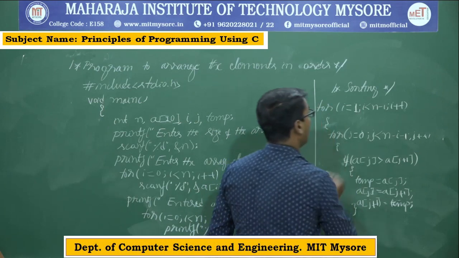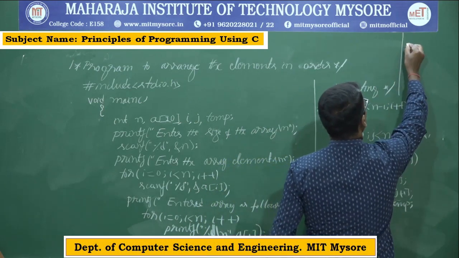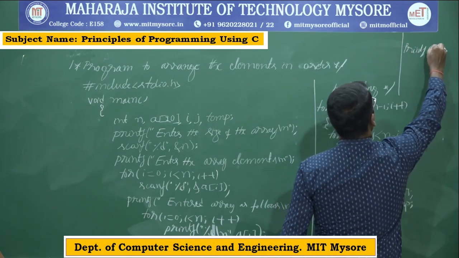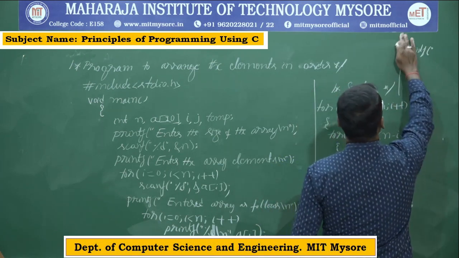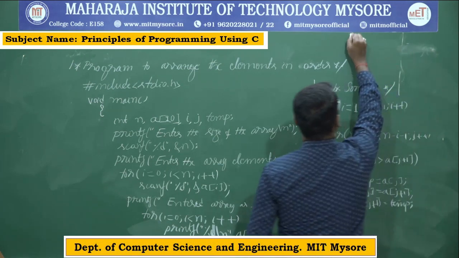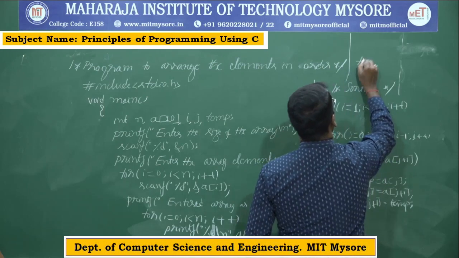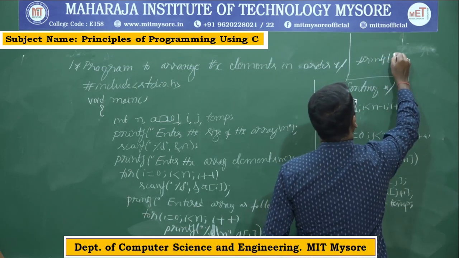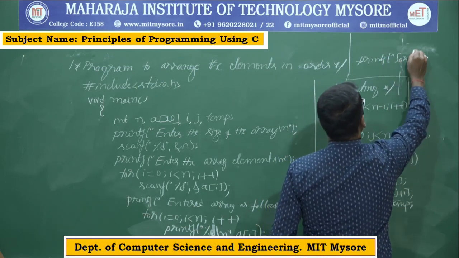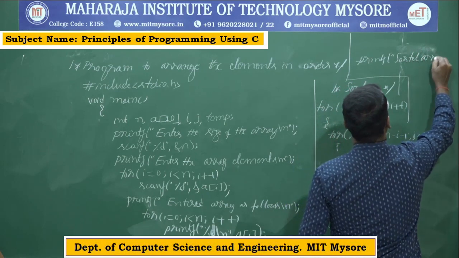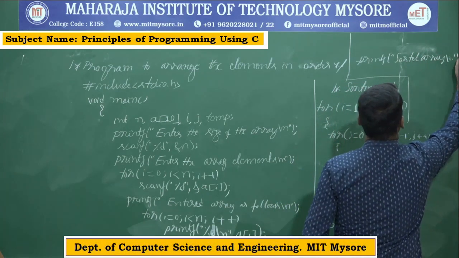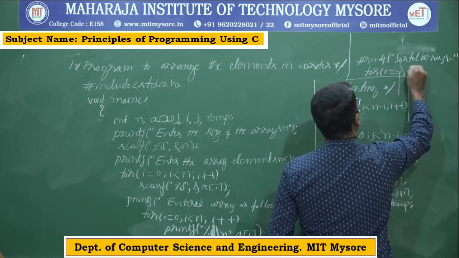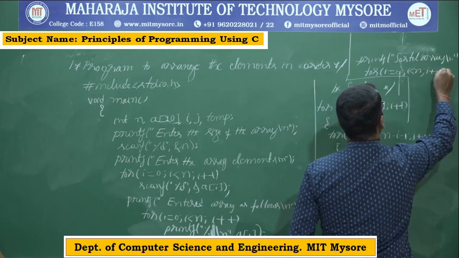Next, after that, I will print the value. printf "sorted array", for i is equal to 0, i less than n, i plus plus.